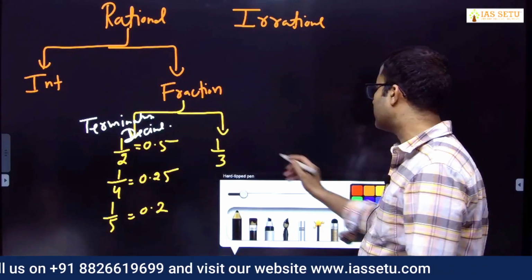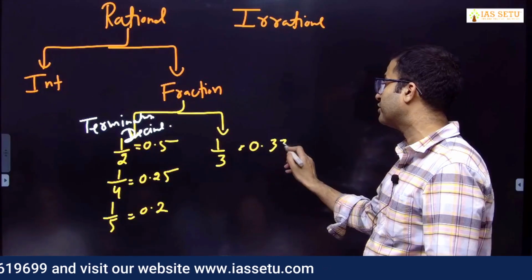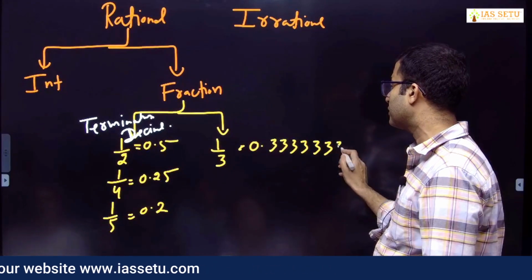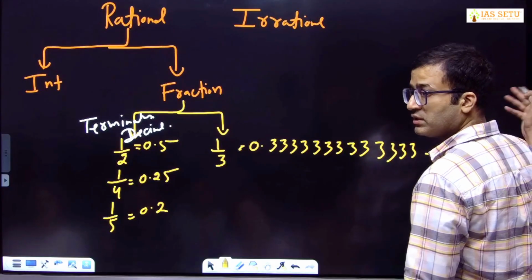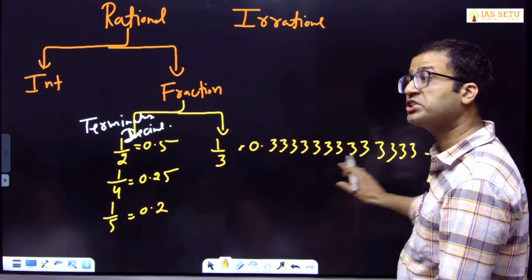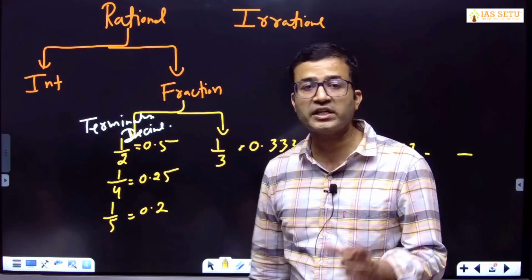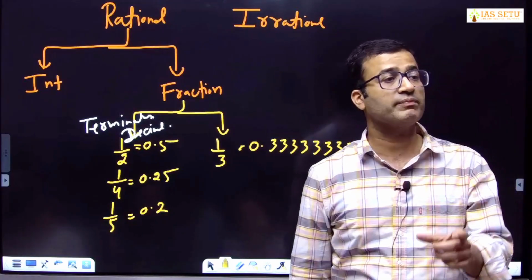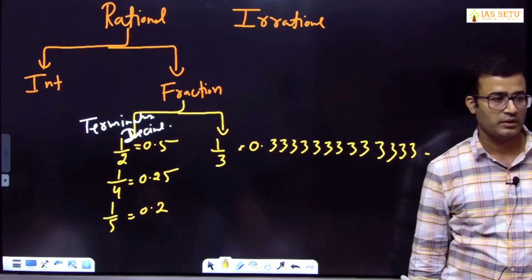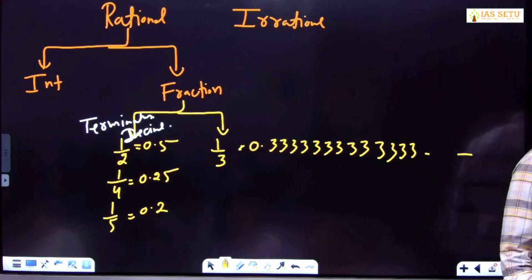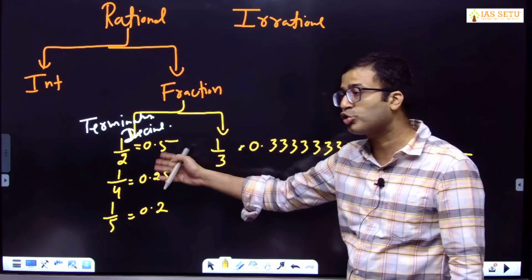What is 1/3? 0.3333333333. The board will finish, Rajendra Nagar will finish, the world will finish, but this 3 will keep going. So if I'm saying terminating, it means there is something which is non-terminating. So this is non-terminating. The 3 keeps going. But here they terminate. They stop.